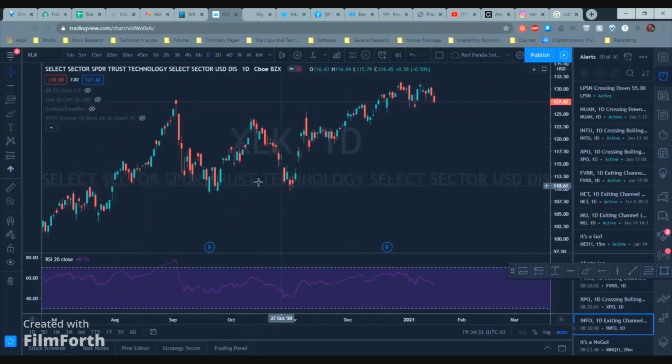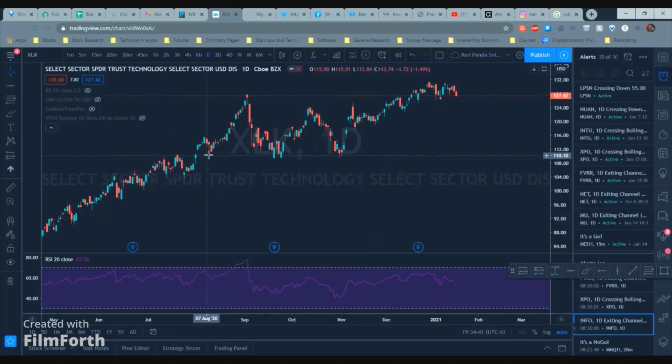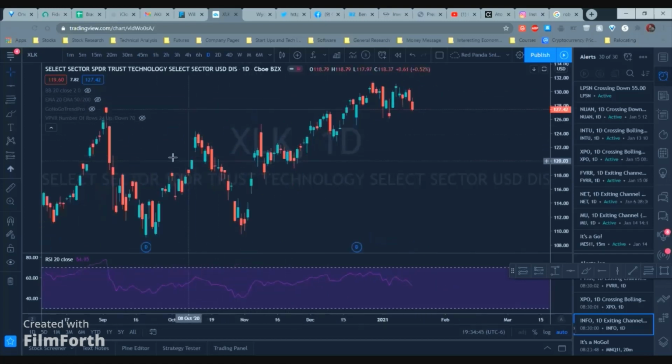But as you see, before we even get to that though, what you can see here is interesting. So ignoring this part, it was a change of character, but this was actually a quick reaccumulation.